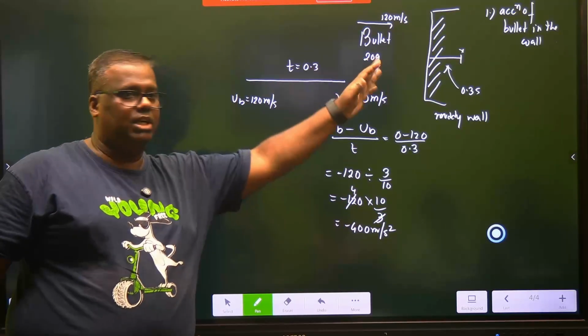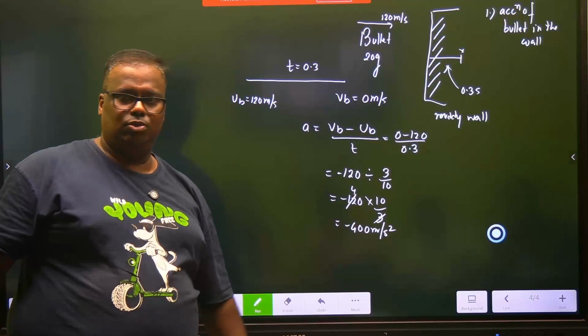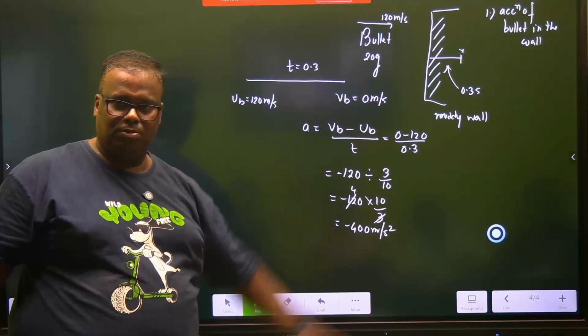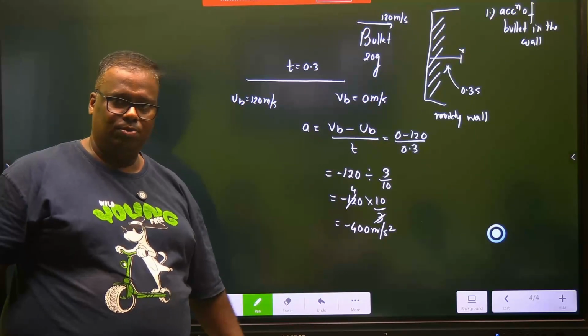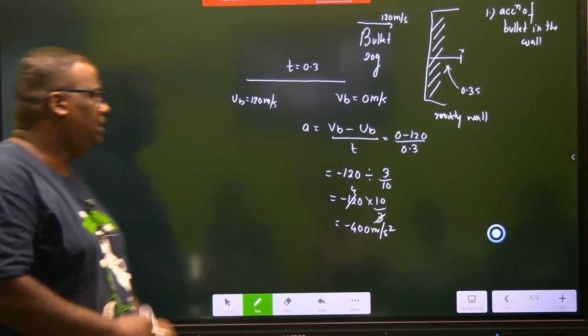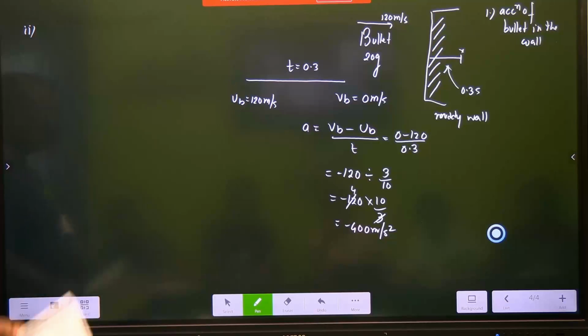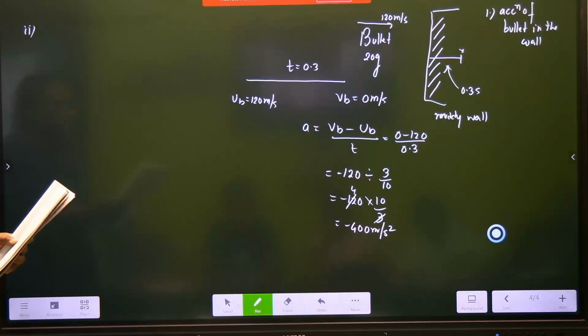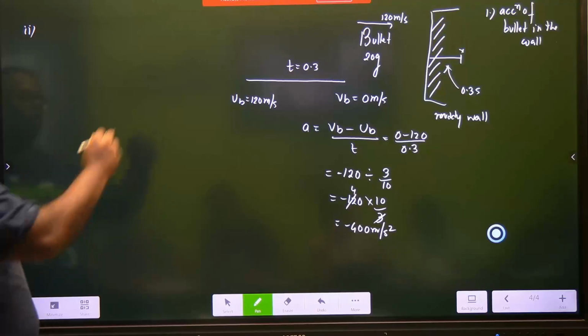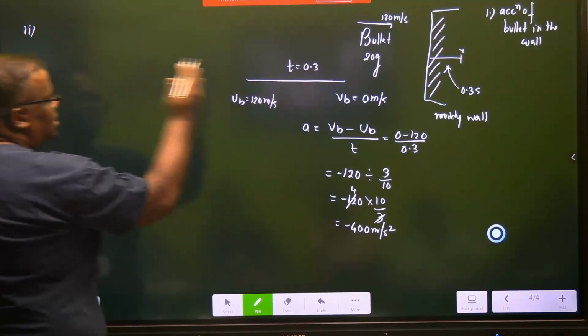So in 0.3 seconds, the bullet came to a stop. Did we understand the first part of the problem? All of you? Right. The next part of the problem. Now these problems are interesting. They will combine the whole chapter's knowledge. The force exerted by the wall on the bullet. So definitely the wall has exerted a force.